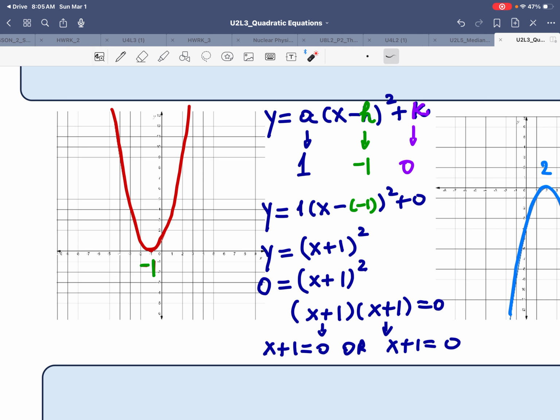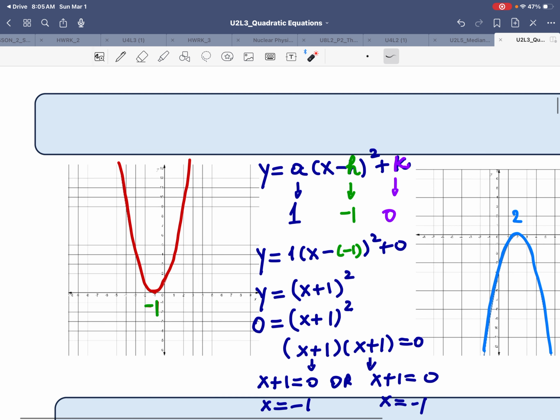Remember that if this is 0, you multiply by anything, you're going to get 0. And if this is 0, you multiply by anything, that would be 0. So you're going to say that the roots are -1 and -1. So basically, we do find not just one but two roots, but they are equal in value.